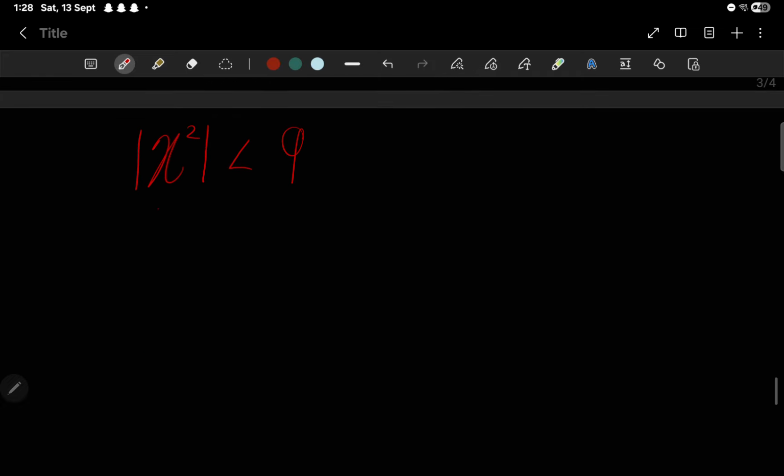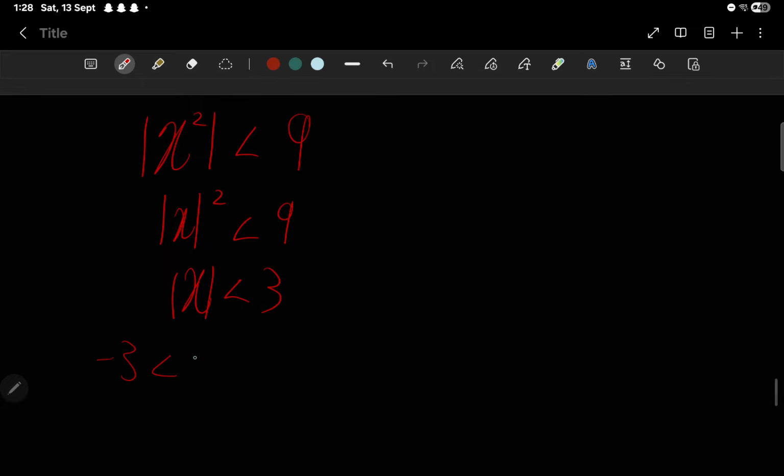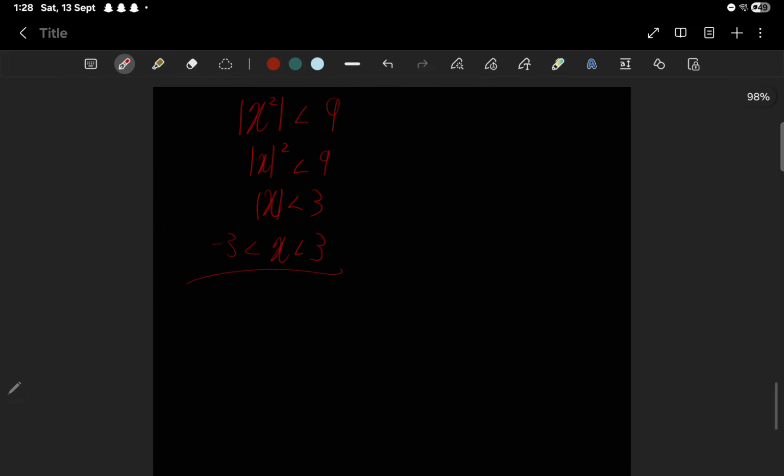So you can take the radical: the absolute value of x, all squared, less than 9, take the radical. The absolute value of x is less than 3, so it's going to be negative 3 less than x, which is less than 3. This is my condition. Part B is done.